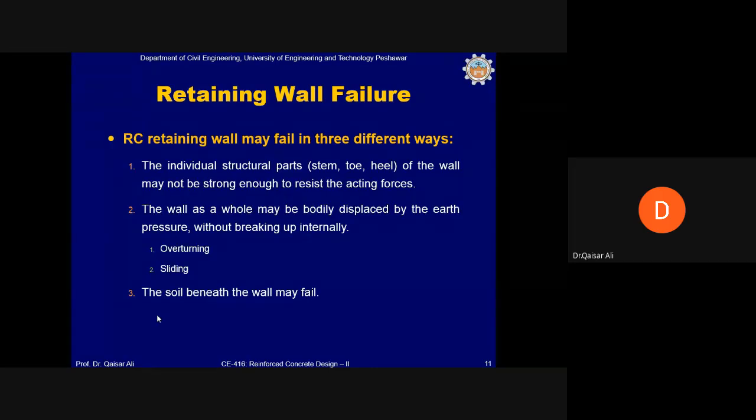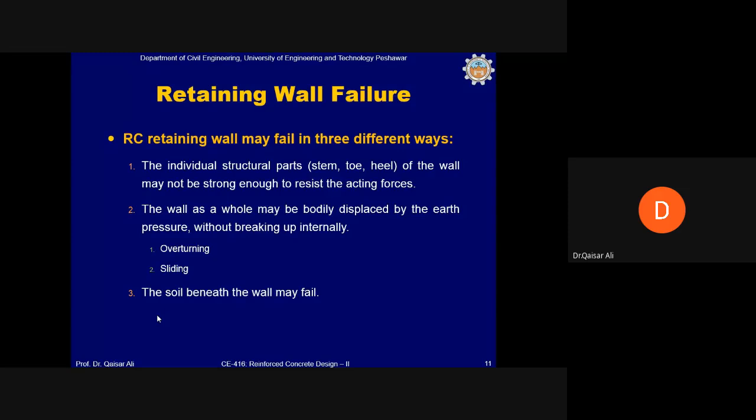In a reinforced concrete retaining wall, the first failure mode is the individual structural parts of the wall may fail, and they may not be strong enough to resist acting forces. This is called a structural failure. Because structural parts will fail due to insufficient reinforcement or insufficient size of the retaining wall.